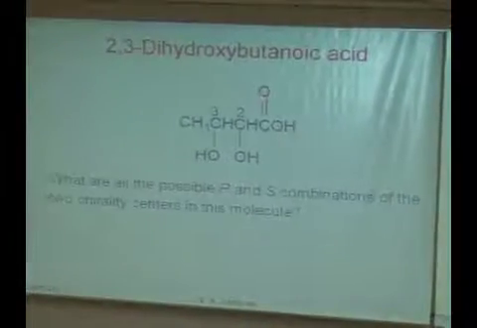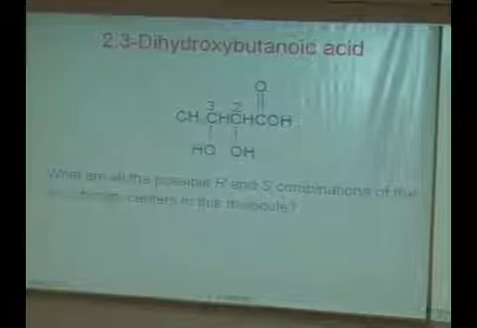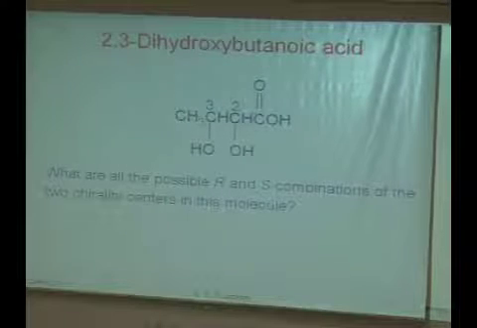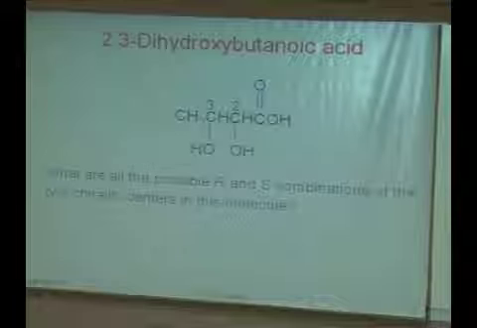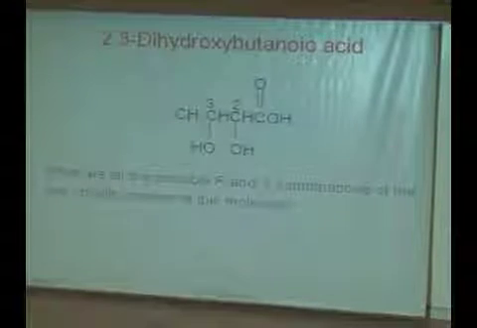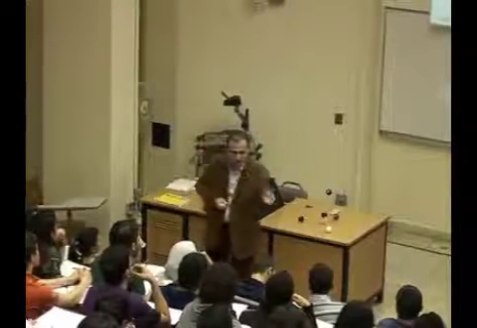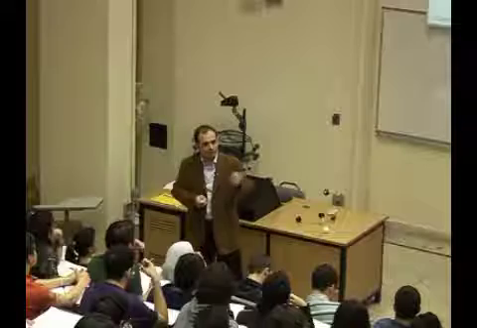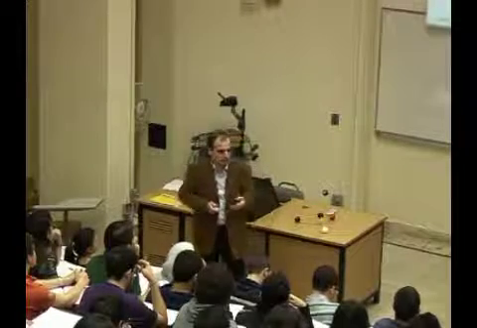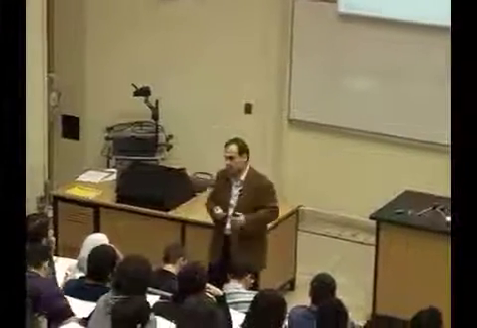Carbon number 2 can be either R or S, and carbon number 3 can be either R or S. I have two chiral centers here. So the configurations I have are 2R,3R; 2R,3S; 2S,3R; or 2S,3S. So I have four combinations. So I have 4 different stereoisomers.